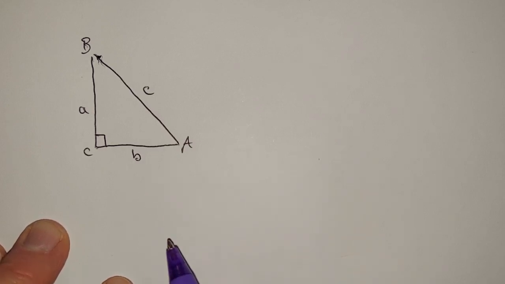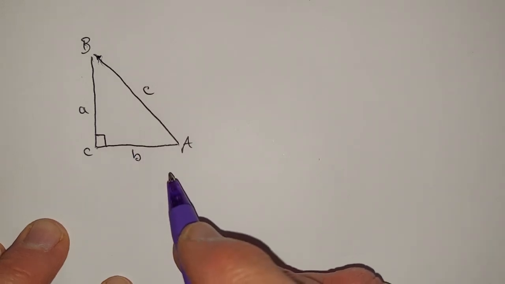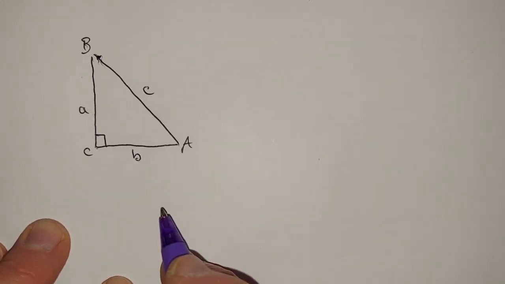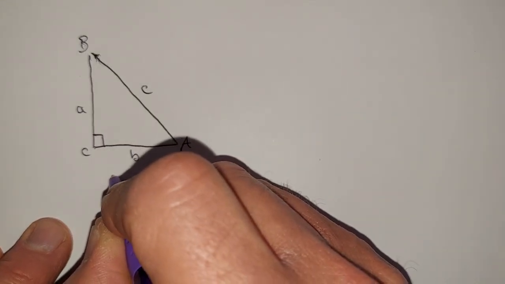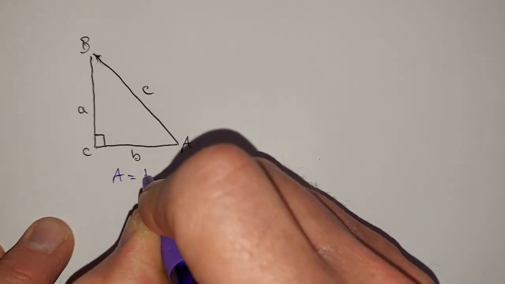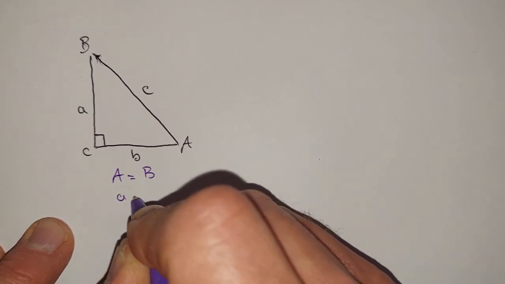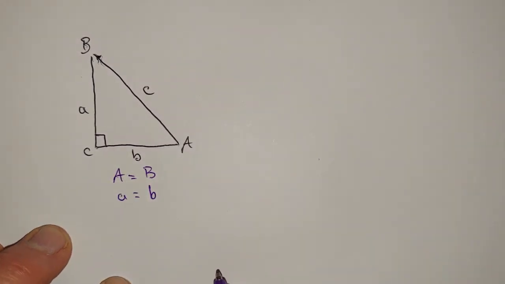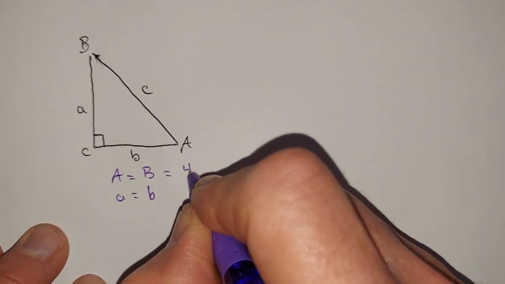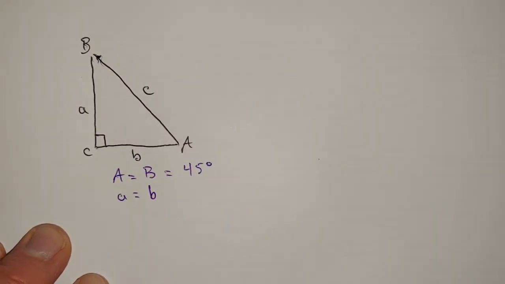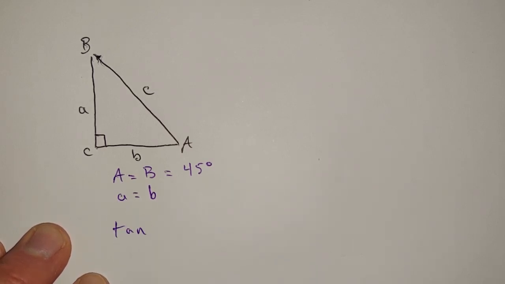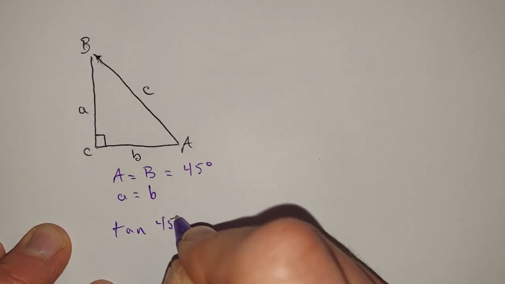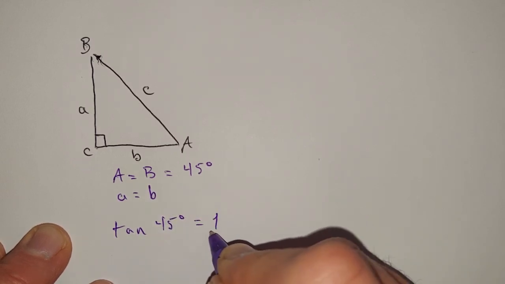So, if this is an isosceles triangle, in other words, if side a is equal to side b, and angle A is equal to angle B, then they'll both be 45 degrees. The tangent being a over b, but they're the same, the tangent of 45 degrees is 1.